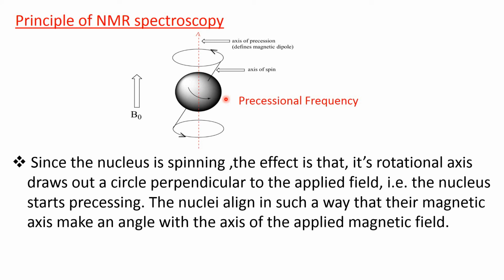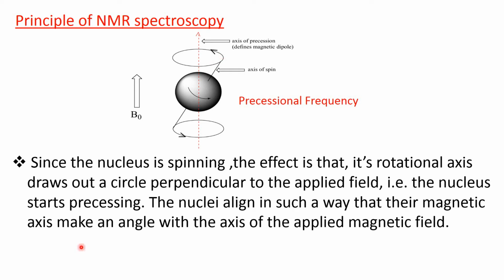Now, coming to precessional frequency. Since the nucleus is spinning, the effect is that its rotational axis draws out a circle perpendicular to the applied field. That is, the nucleus starts precessing. This motion is known as the precessional motion. It is rotating around its own axis and it is coming to this direction, drawing out a circle.